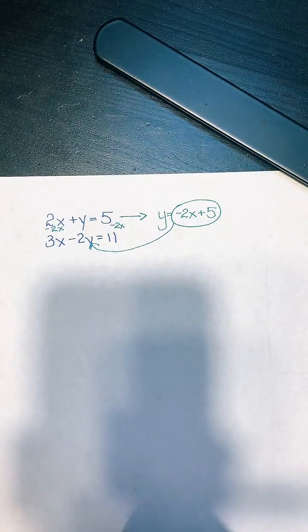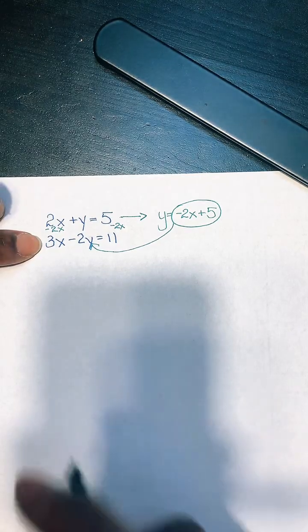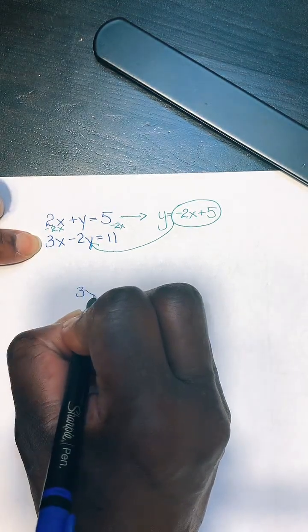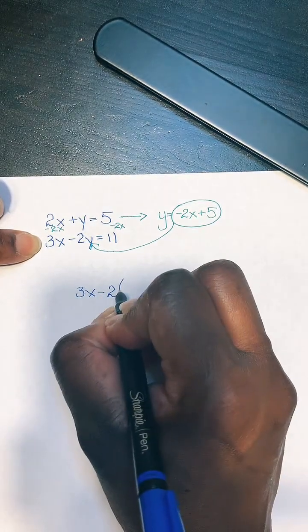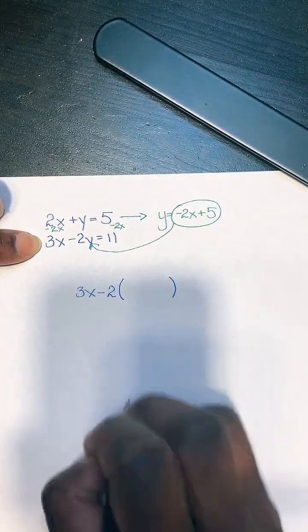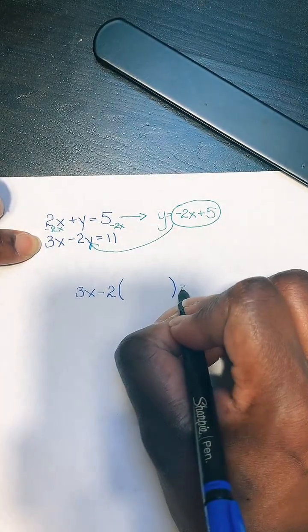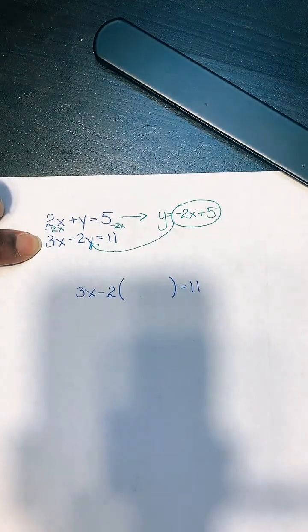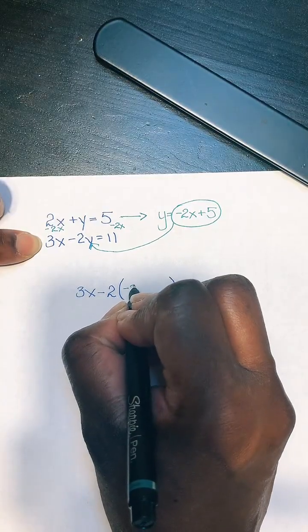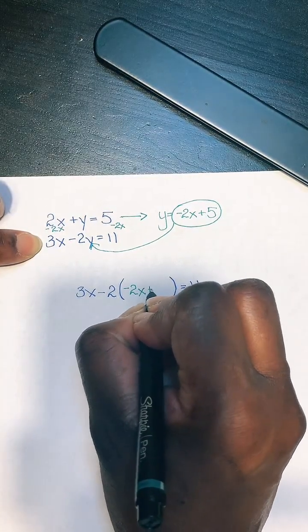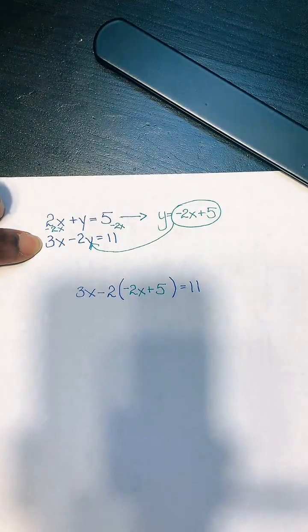That's how we're doing our substitution. So we have our 3x minus 2, and instead of a y, I'm going to plug in my negative 2x plus 5, equals 11.